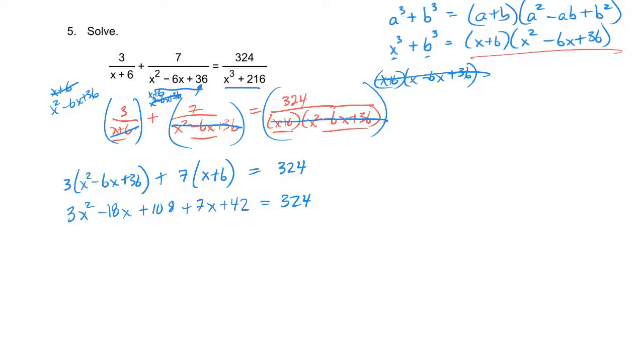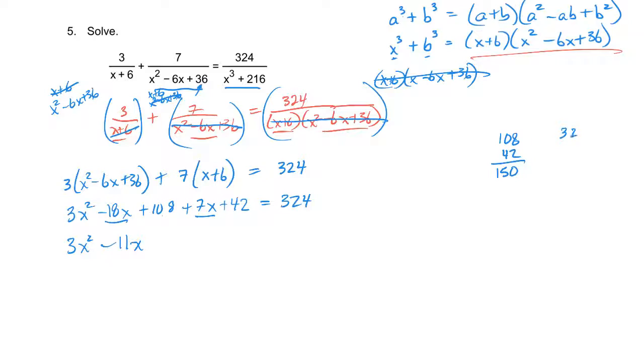Quadratic, let's bring it all to the left. So 3x squared, the x's here and here would be a minus 11x. And then 108 plus 42 is 150. And then 150 minus 324.